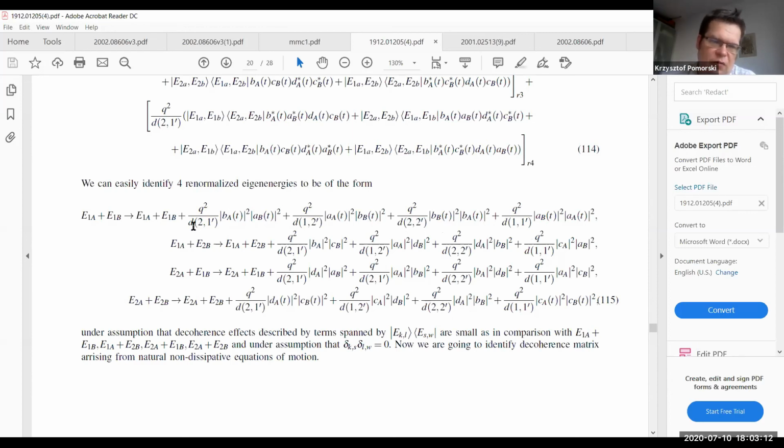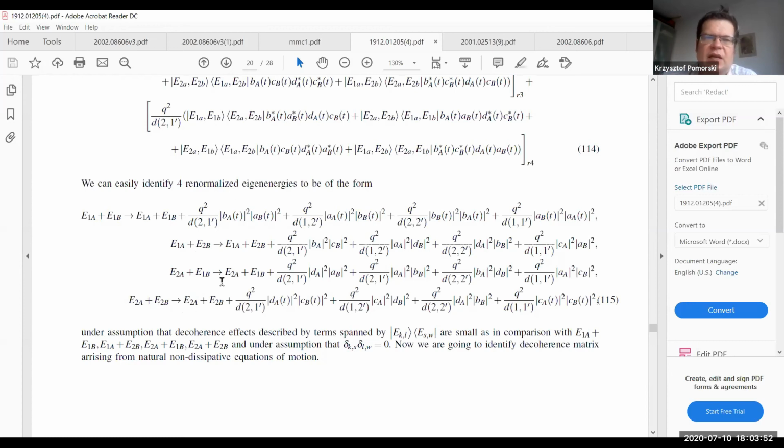This is effectively Q over this, by default a very small value. When you move from isolated qubits that are very far apart and bring them closer, there appear modifications of the sum of two eigenenergies of the qubits. Basically you have four combinations of eigenenergies for isolated qubits: A1A, A1B; A1A, A2B; A2A, A1B; and A2A, A2B.